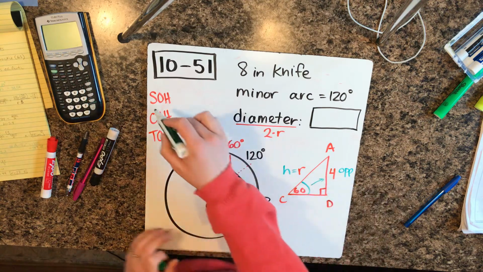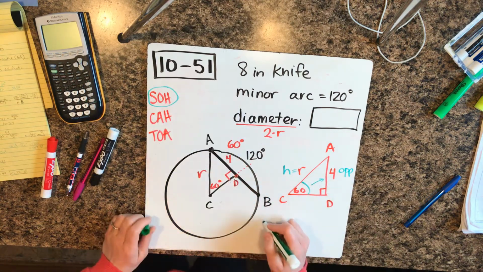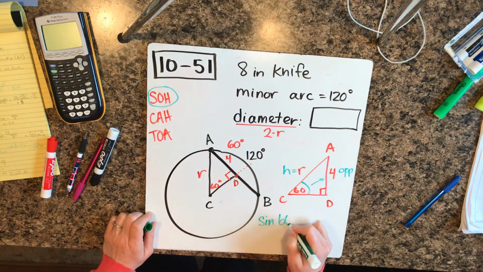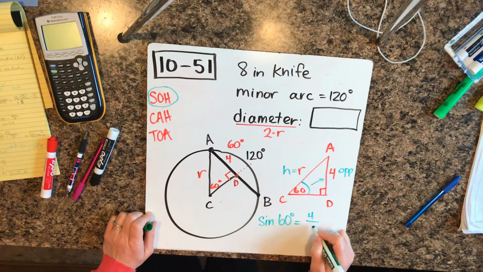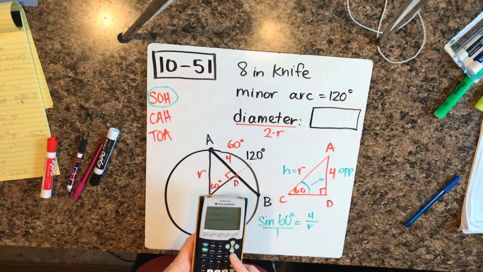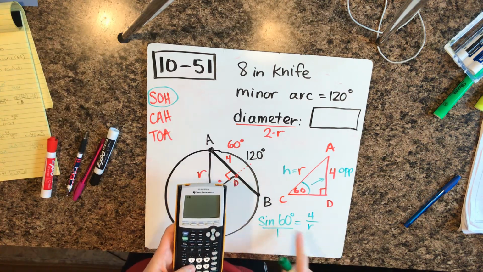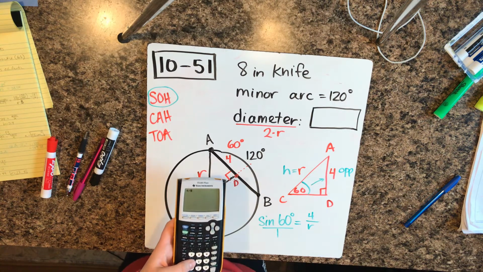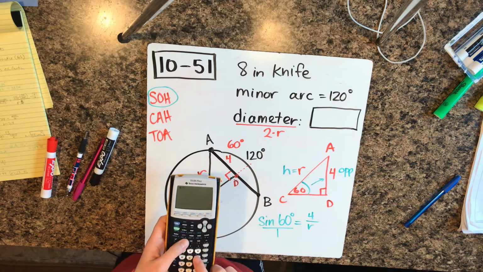So OH is sine. So sine of 60 degrees is equal to 4 over R. Remember, I want to put that over 1, and I want to cross multiply. So 1 times 4 equals R times the sine of 60. So divide by sine of 60 on both sides.